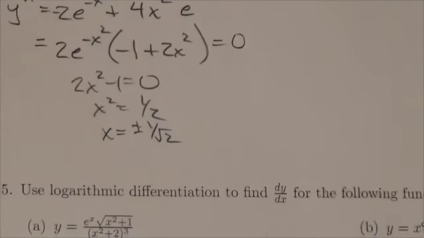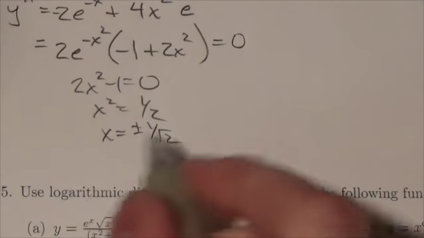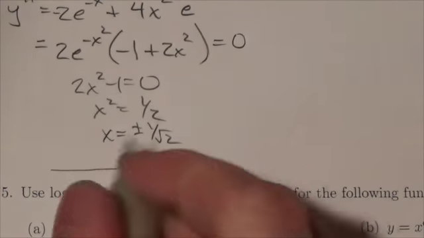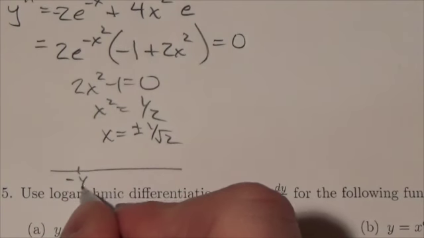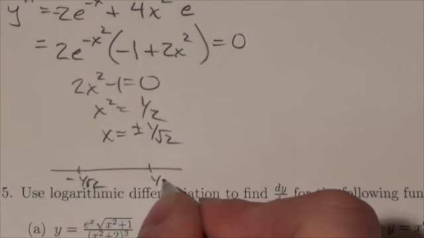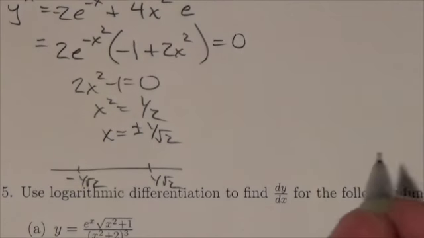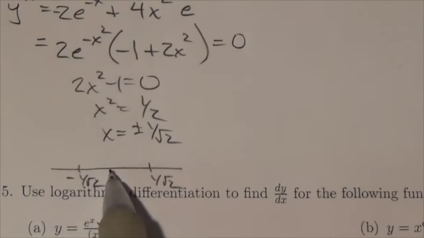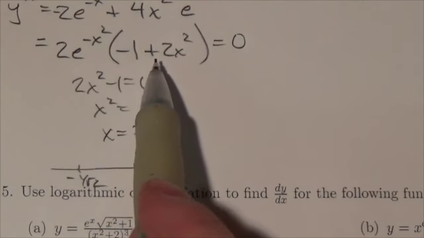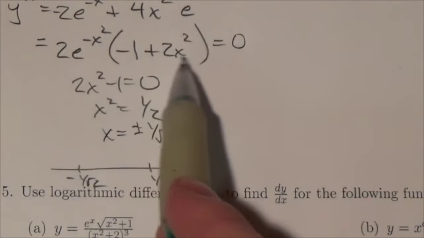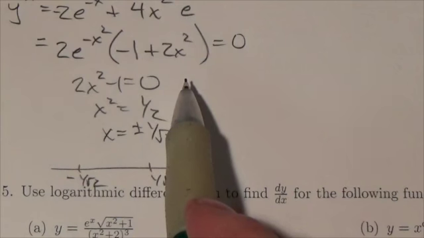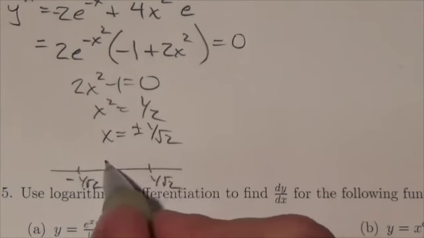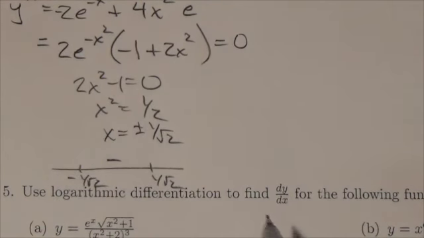Now let's think about this real quick. If we look at the number line, negative 1 over root 2, positive 1 over root 2. If we pick a number in between these two, for example 0, and plug that in, 2 times 0 squared is going to be 0. This is going to be negative, so it's going to be concave down in between here.